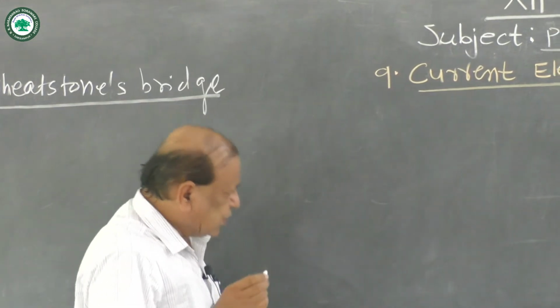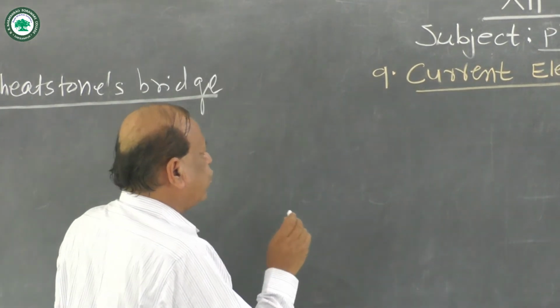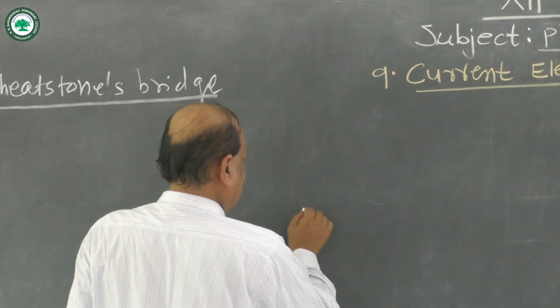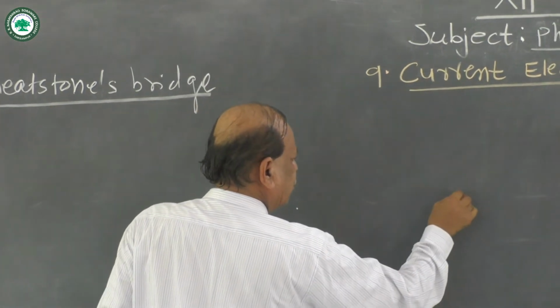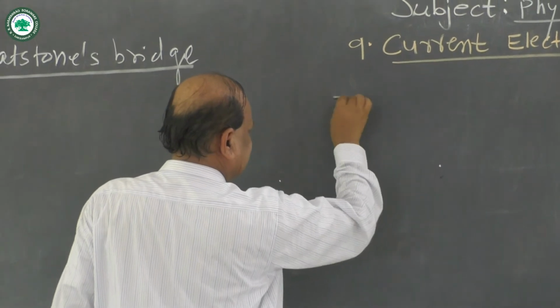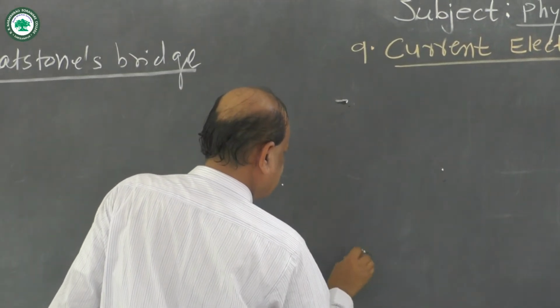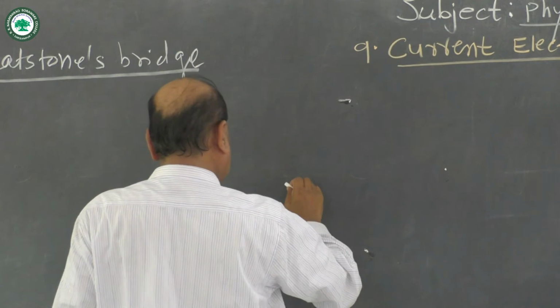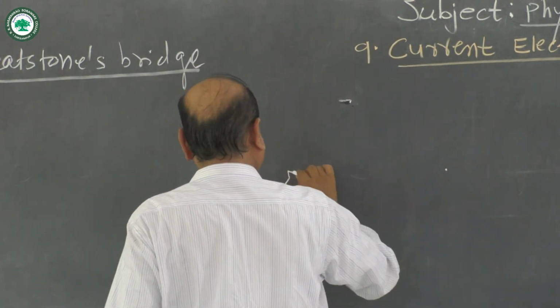Wheatstone's bridge consists of 4 resistors. Now here we draw this Wheatstone's bridge. It consists of 4 junctions.